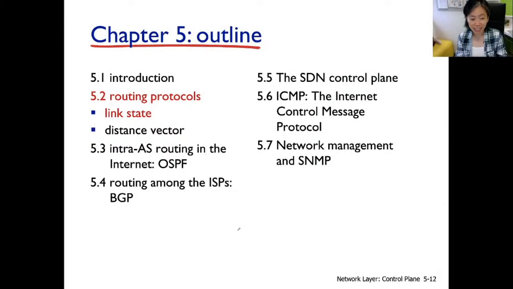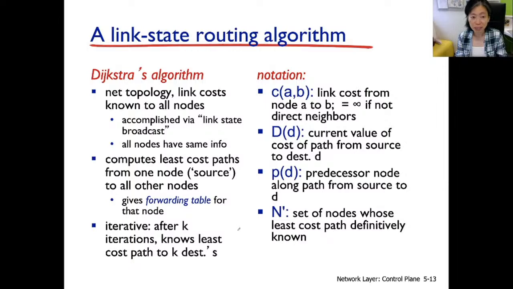Now finally, the link state routing algorithm. What's implemented there essentially is Dijkstra's shortest path algorithm. This is very well known in graph theory. Again, as mentioned, in order for this algorithm to work, we need the global information: network topology and link cost. And this information is acquired by sending link state broadcast messages. Each router will be sending information about itself, how it connects to neighboring routers, and the link cost to the neighboring routers.